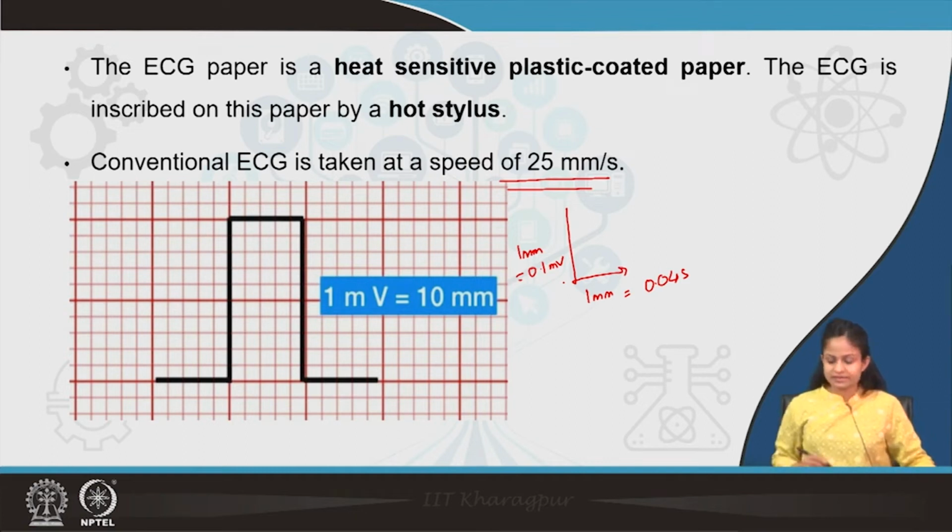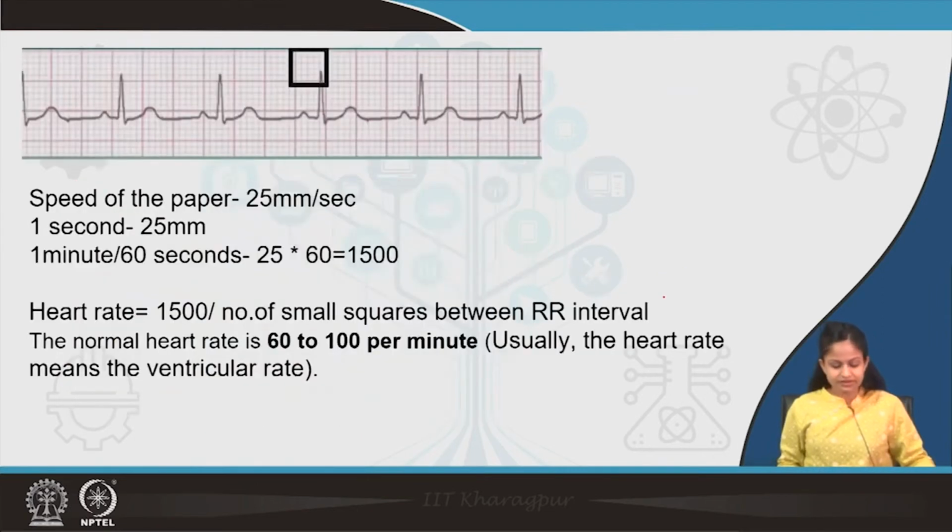Now, why are these seconds important? Because we calculate the durations of various waves, segments and intervals based on this formula: 1 millimeter equals 0.04 seconds. The ECG paper runs at 25 millimeters per second, which means in 1 second it rolls over 25 millimeters, or 25 small boxes, because each box is 1 millimeter by 1 millimeter.